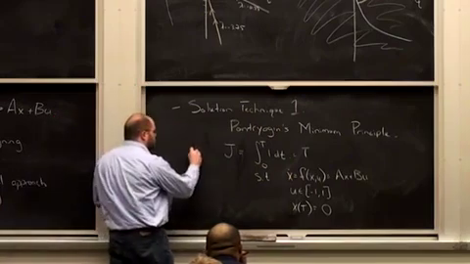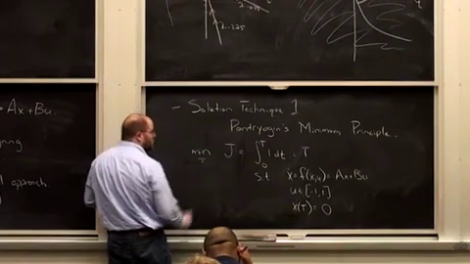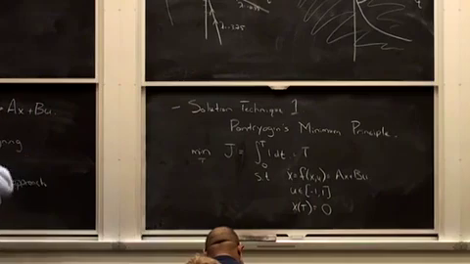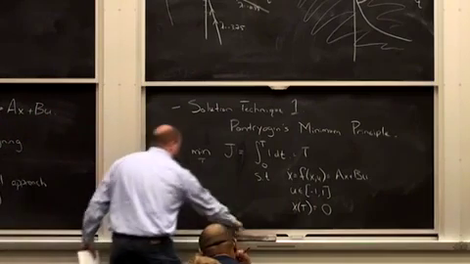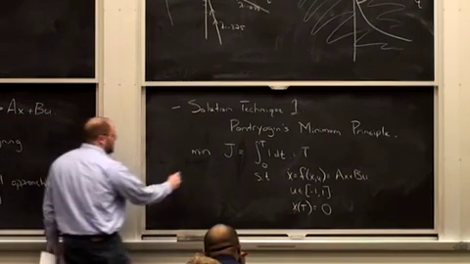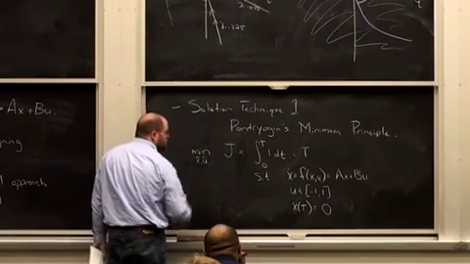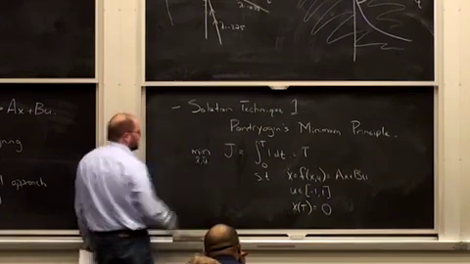Given those constraints, we're going to minimize that J, so minimize with respect to the trajectory in x, u, that cost function.